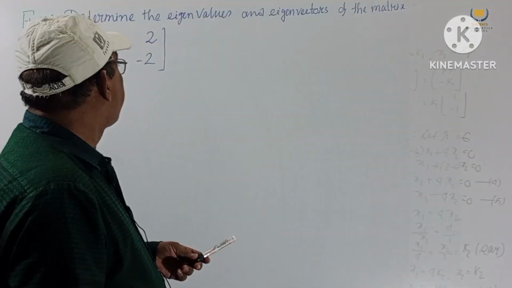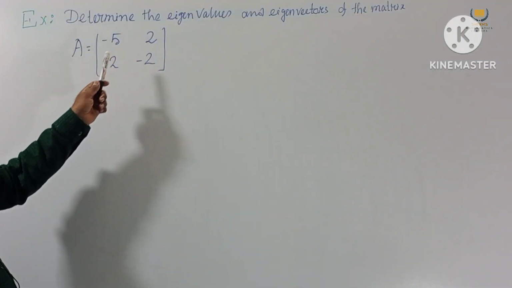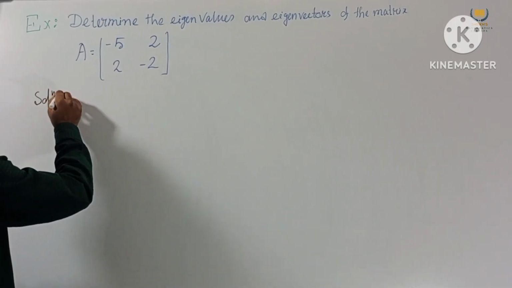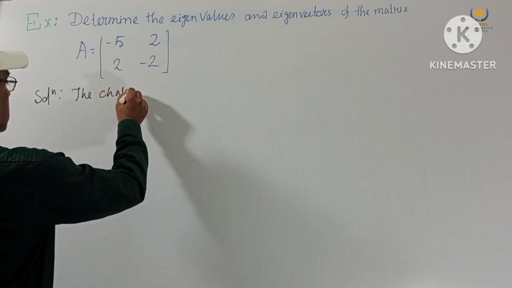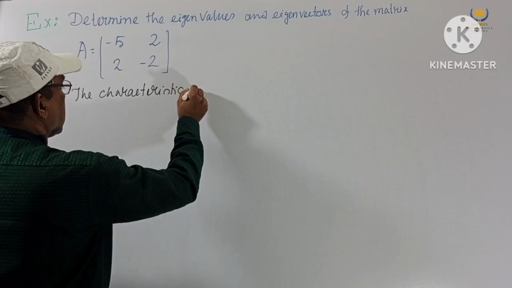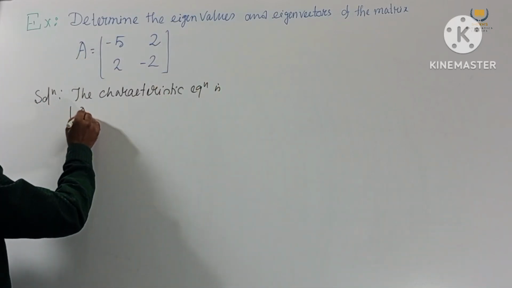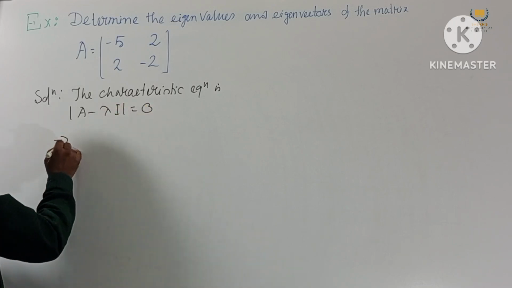There is another problem. Determine the eigenvalues and eigenvectors of A equal to [-5 2; 2 -2]. Solution. The characteristic equation is determinant of A minus lambda I equal to 0.